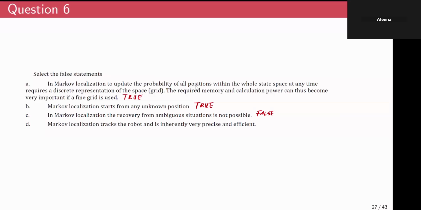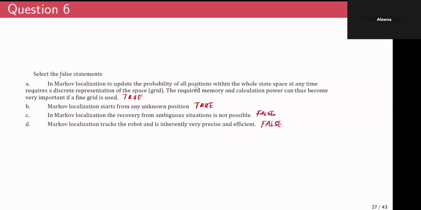So that is false. Recovery is impossible for Kalman filter implementations, not for Markov localization. And option D states Markov localization tracks the robot and is inherently very precise and efficient. Just like what we have seen earlier, this is a false statement. Efficiency cannot be associated with Markov localization. So that is also false.